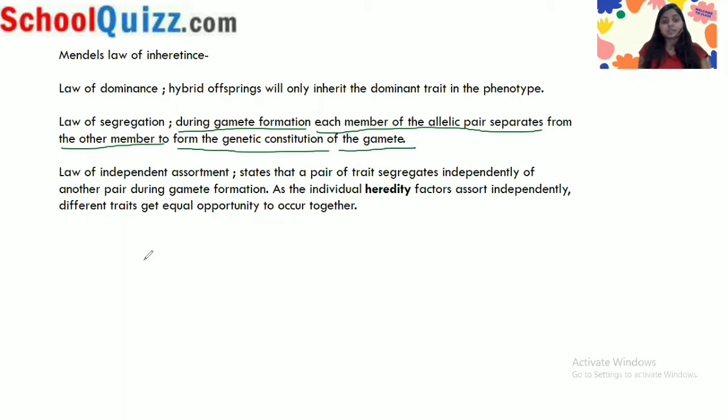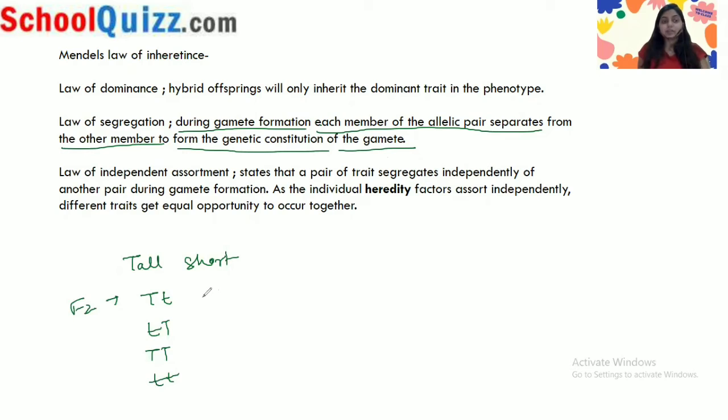We have seen the example of the tall and short plant. In the F2 generation we have four possibilities: capital T and capital T, capital T and small t, small t and capital T, and double small t. So during gamete formation, each member of the alike pair separates from the other member to form the genetic constitution of the gamete.